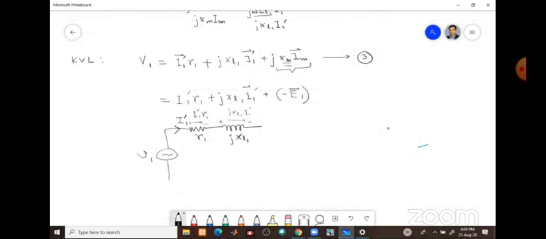So we can do it like this, as if the current is getting branched into two components, one is I1, another is I0. That I0 again gets divided into two components, one is IC, another is IM. And only this IM part flows through this XM. So as if there is a reactance XM through which only this IM part is flowing.